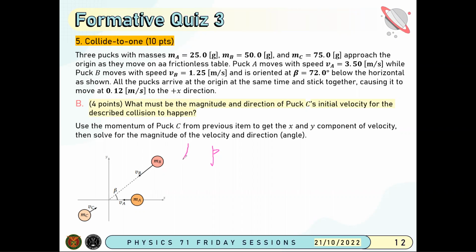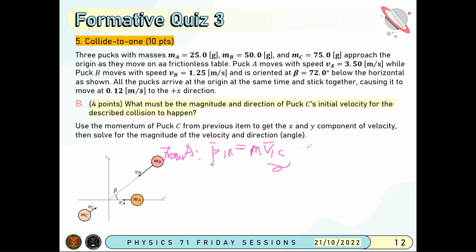So from A, we get yung P initial ng C. And we know that this is M times V, right? This is a vector actually. So vector yung P kasi alam natin yung X and Y component niya, right? And then equal sa M times vector V or yung V sub 1C. Okay? Ngayon, ang tanong, ano yung magnitude and direction nitong vector na to?